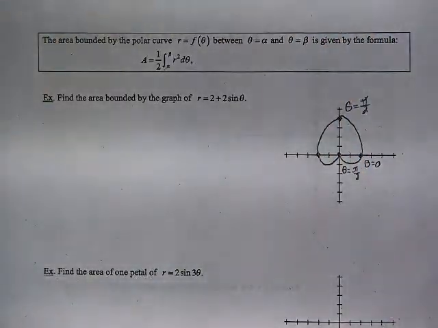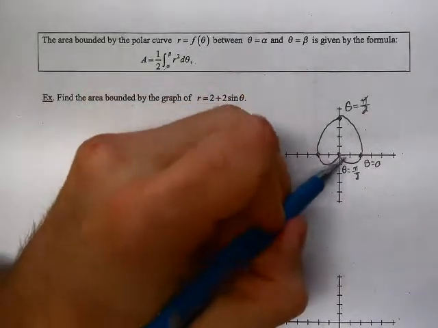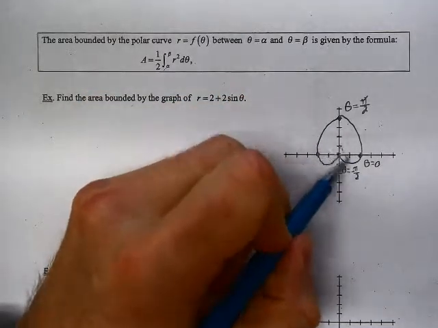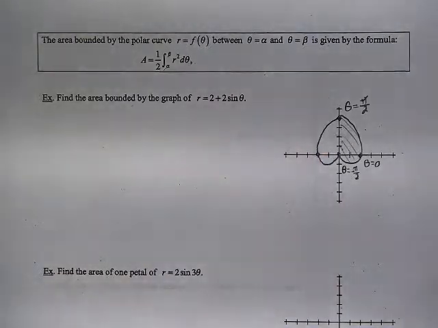So one of the overriding concepts here is that we want to utilize symmetry of these shapes as much as possible. When I look at this shape, if I can calculate just the area here, then I can find the entire area just by doubling that.